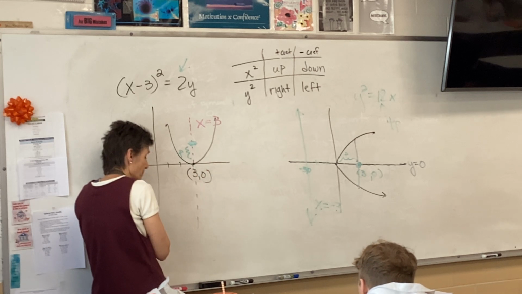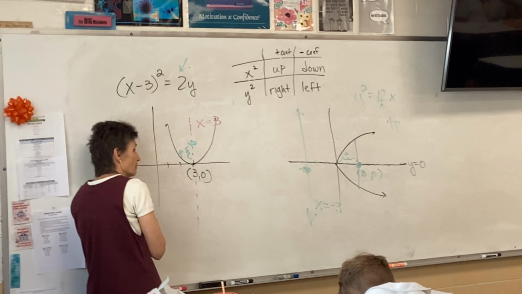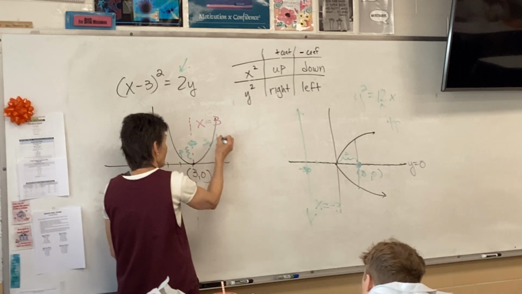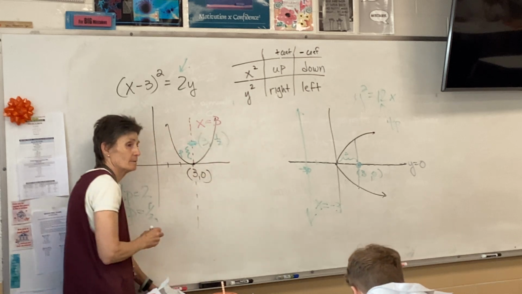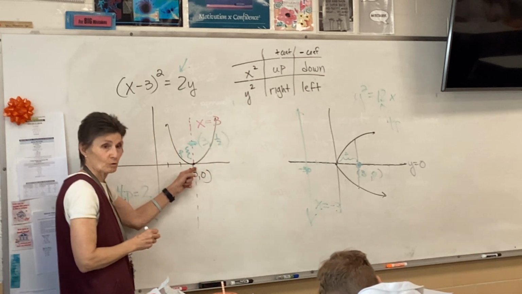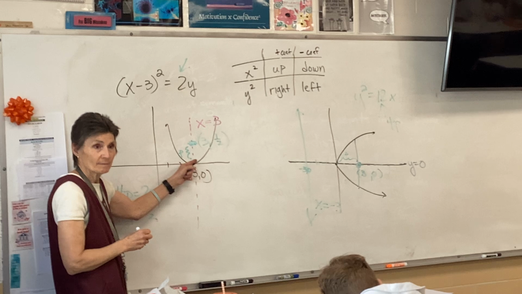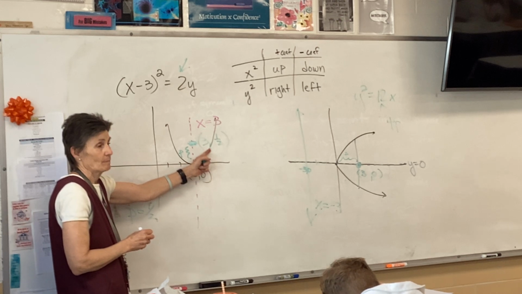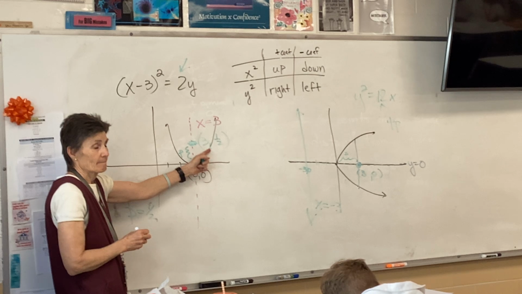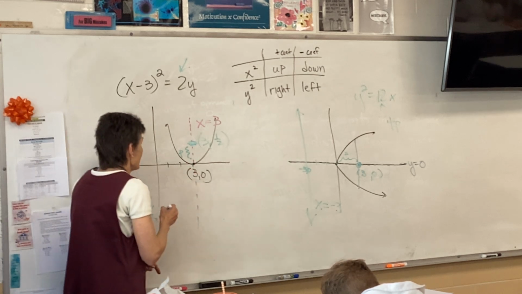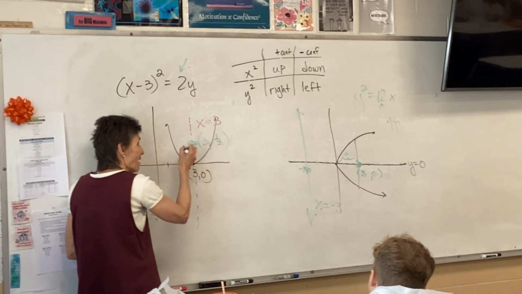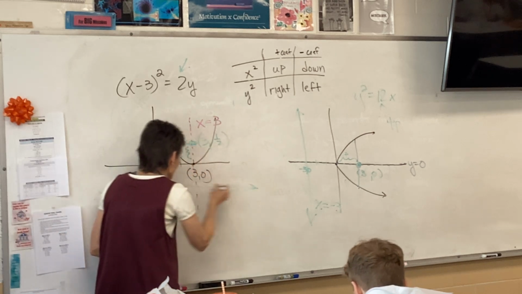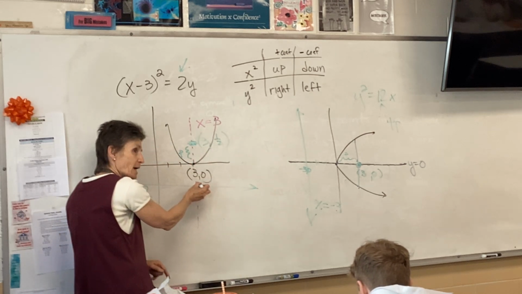What are the coordinates of that point? Watch it. 3, 1/2. Are we still going over 3, but now we're going up 1/2? So 3, 1/2, that's your focus. If you went up 1/2 for your focus, you're gonna come down 1/2, straight down 1/2.